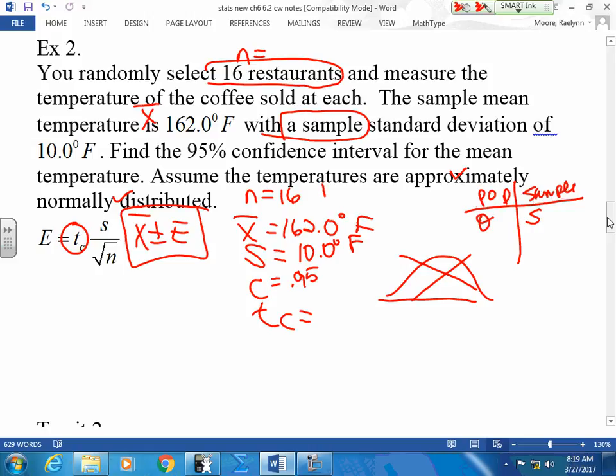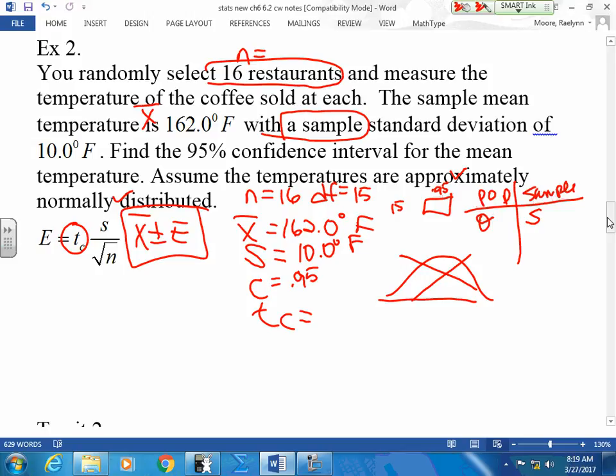If my sample size is n, what is my degrees of freedom? 16? 15. Remember that last person doesn't get that degree of freedom. There's one person that doesn't get a choice. So take that away. Now go to your table, look up 15 for your degrees of freedom, go across the top till you see 0.95 and just pull out that number.